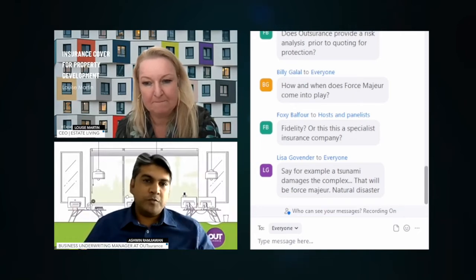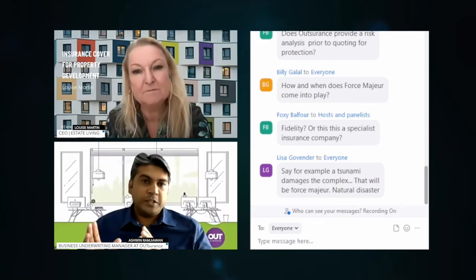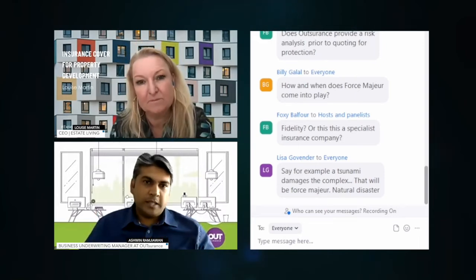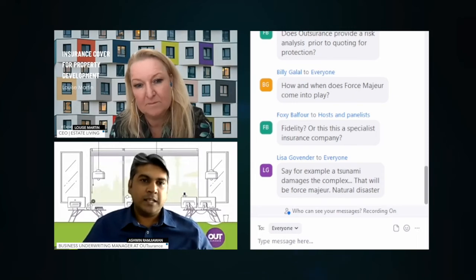That's when you have to take out a specified contract for that particular project. Now, that's just in the context of a contractors all risk policy.